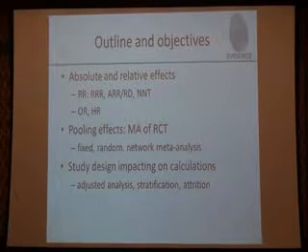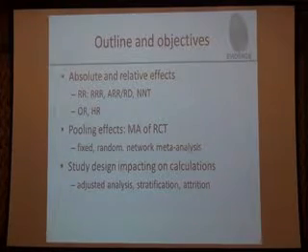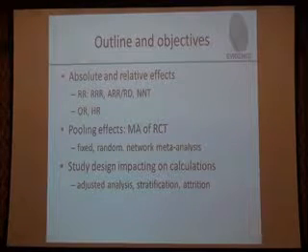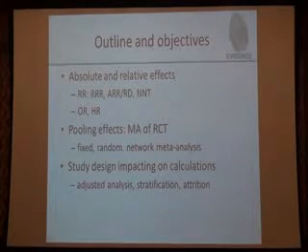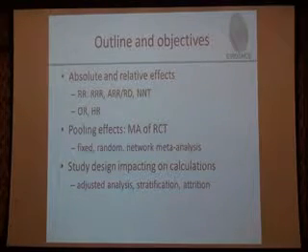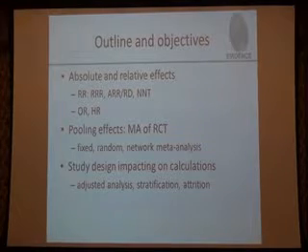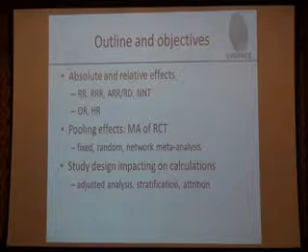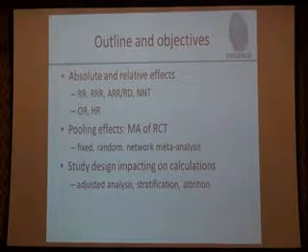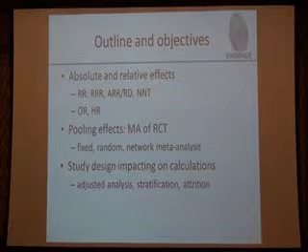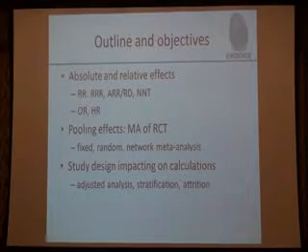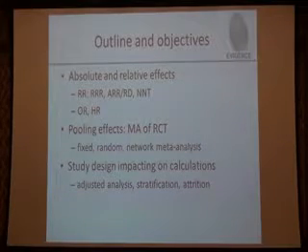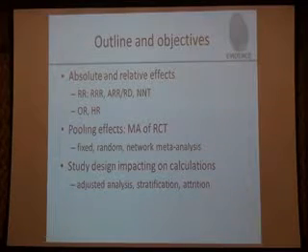The second part will be about pooling effect size. Initially, let's see how we measure the effect, and then how we can combine effects across studies: fixed and random pooling, network meta-analysis. Just concepts, to give you the basic pieces to be able to interpret on your own why sometimes we use one approach, sometimes another, and what we gain out of each of them.